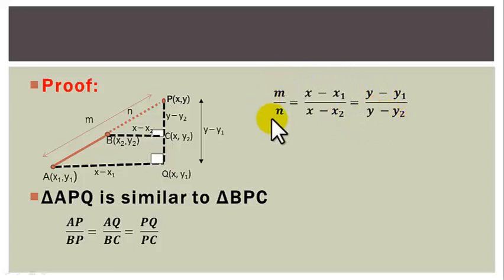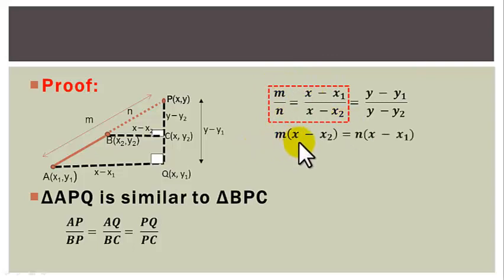Now, to find the x coordinate of our point P, you have to solve this equation first. Upon cross multiplication, we have m into x minus x2 equal to n into x minus x1. Opening the two brackets, we have mx minus mx2 equal to nx minus nx1.